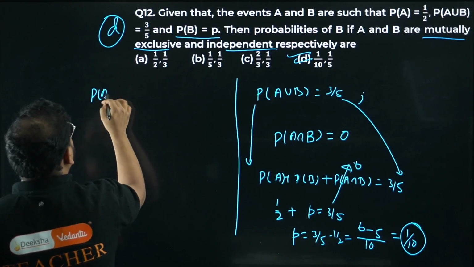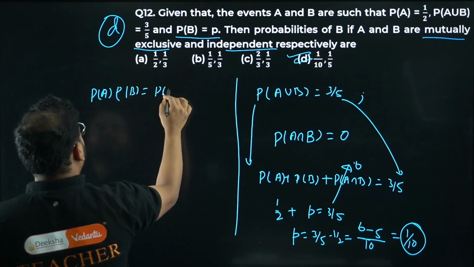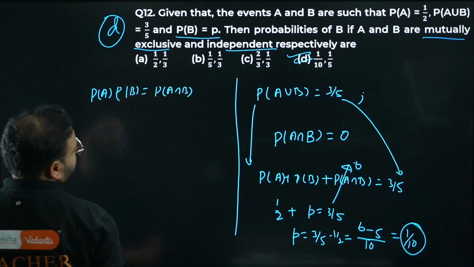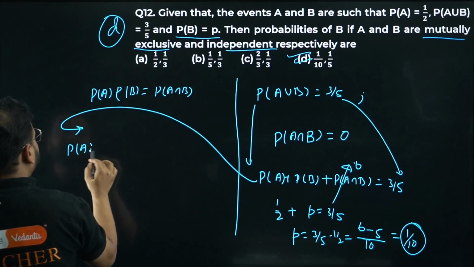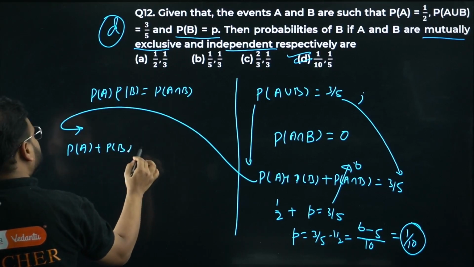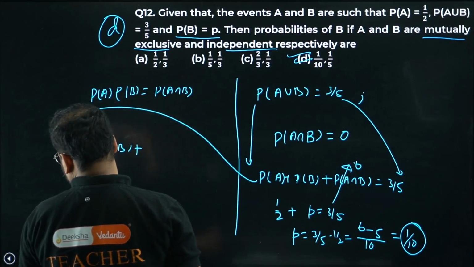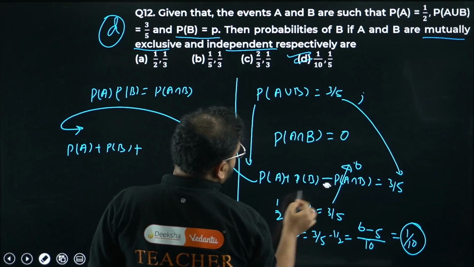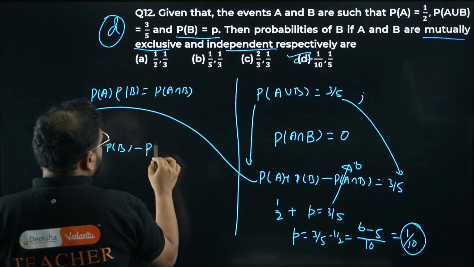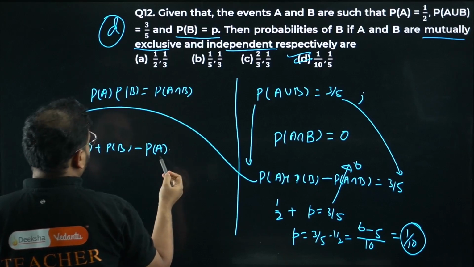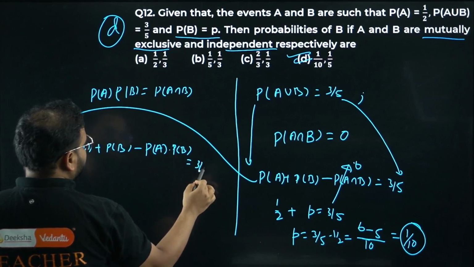For this we have P(A) into P(B) equals to P(A intersection B). So we can write this statement one more time as P(A) plus P(B) minus, sorry, not plus, I wrote plus here, it should be minus actually, excuse me, minus P(A intersection B), which will become P(A) into P(B), equals to 3 by 5, right?